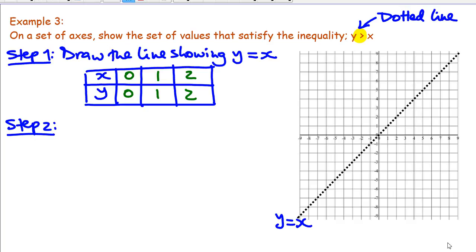Now, for this particular line, we are going to approach it in a different way. So step 2, choose test points and substitute them into the inequality.